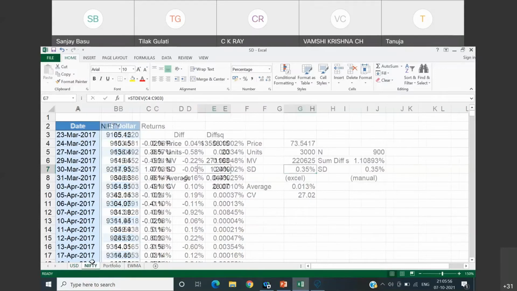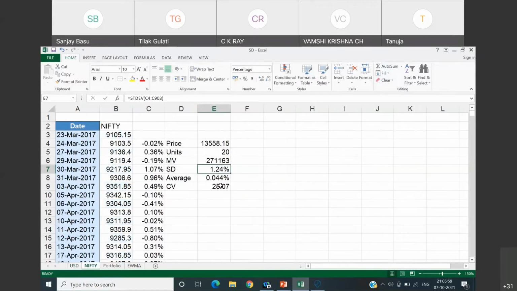We believe here that the volatility will be 1.24% between today and tomorrow, just as we had seen every day in the past. But we do not know whether prices are likely to rise or fall. That's the first problem with standard deviation.